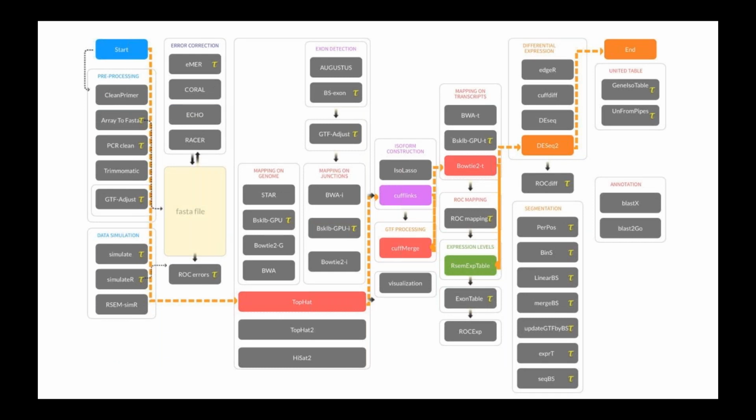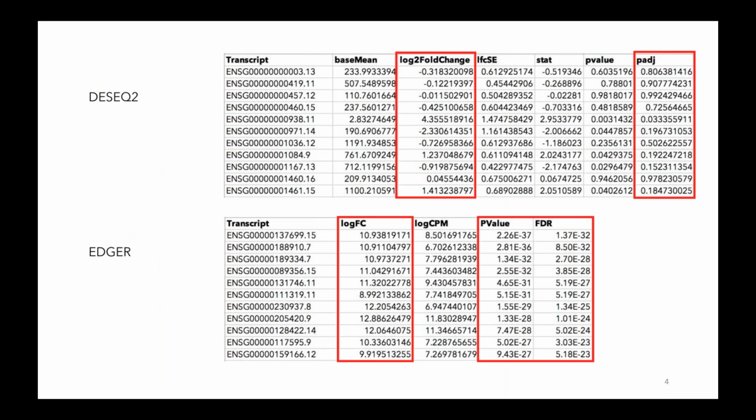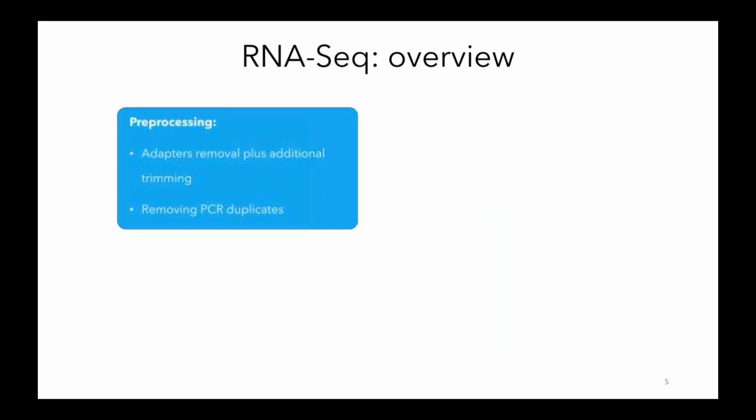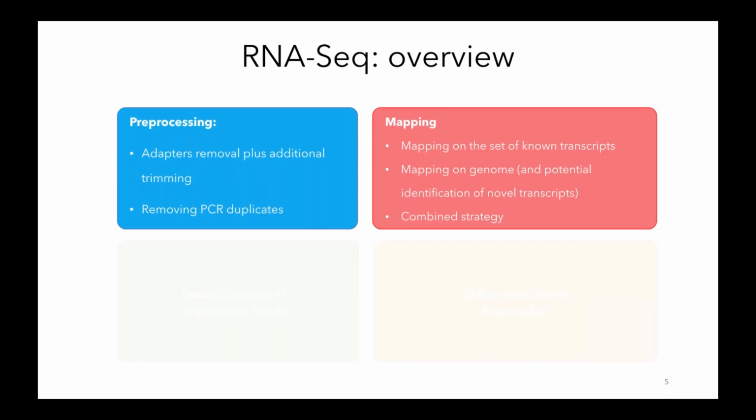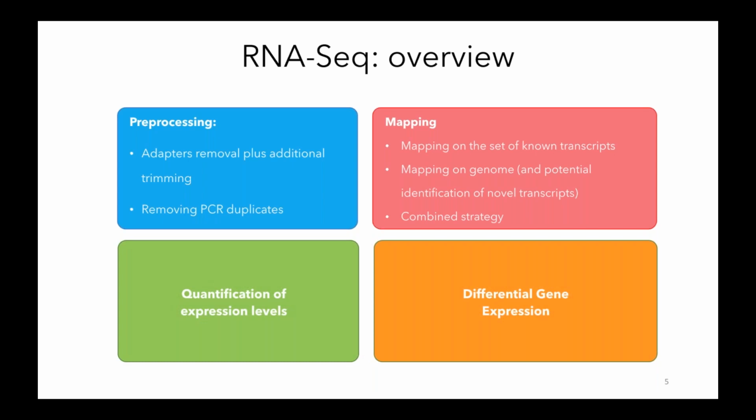And I think we had a chance to take a look at the different results and talk a little bit about what they mean in terms of fold change, the difference between the means of two groups, and p-value. So p-value meaning that a statistically significant change was detected between the two different groups. Then we also did a little overview of these possible 4 steps: pre-processing, mapping, quantification, and then differential gene expression.